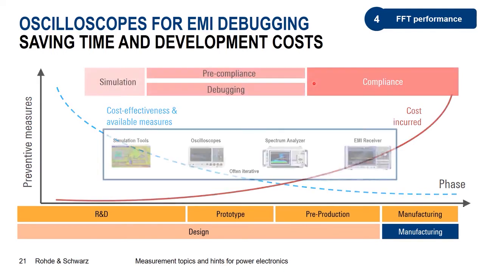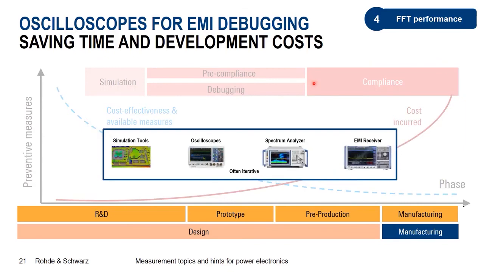Now, when you look at the instruments that you have on your table in the different design phases, you find that you might have simulation tools, so you might already consider EMI from a simulation point of view. Then in the actual R&D phase, the number one instrument for power electronics is the scope.